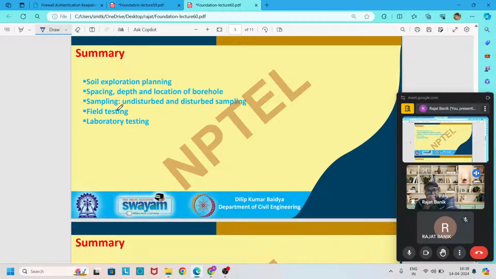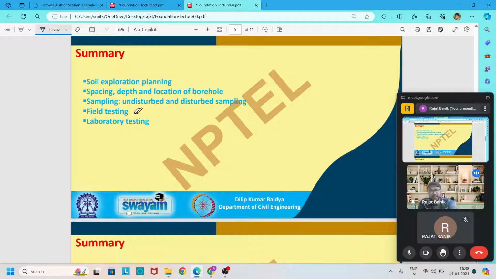Then we also find out the number of boreholes required for a specific type of soil location, and also study the spacing between boreholes and the depth of the borehole. And we also study the different types of field tests to find out the soil properties, and the different types of laboratory tests too.